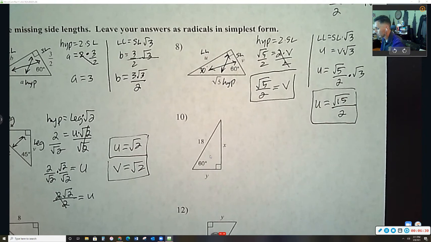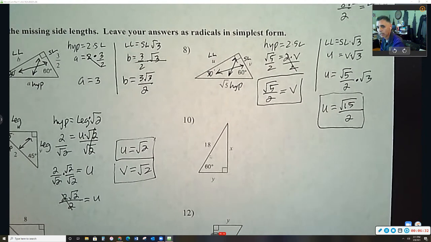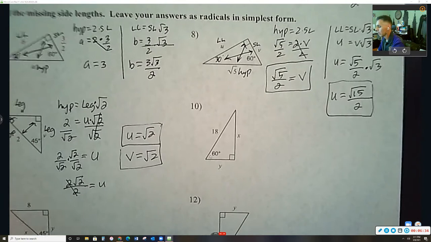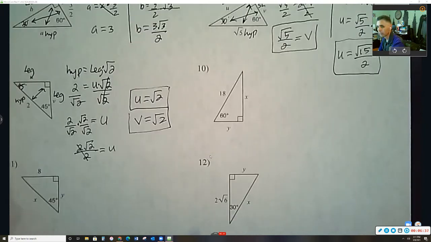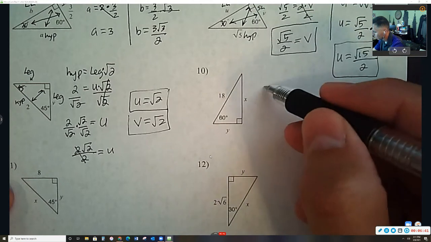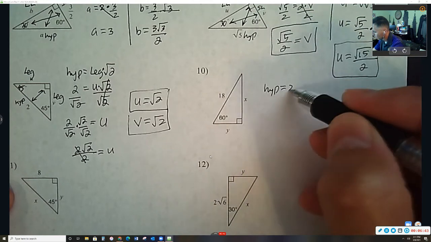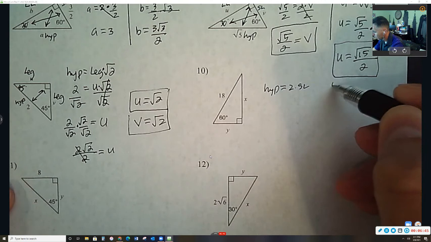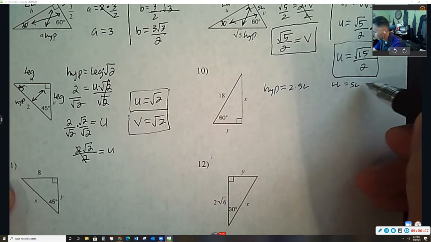Okay, so let's move down to number 10. Number 10 is also a 30-60-90 triangle. So I'm going to start with the two equations. The hypotenuse is 2 times the short leg, and the long leg is equal to the short leg times the square root of 3.